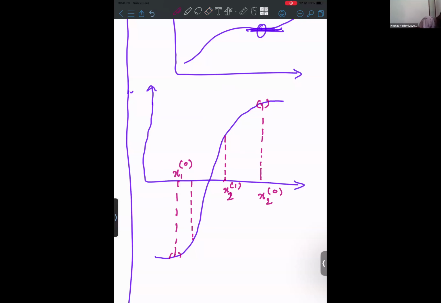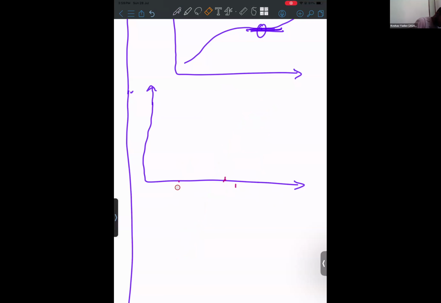Maybe I have made the function in the wrong way. Let me check. Maybe this function would not be able to show what I was trying to convey. Yeah, now it will.